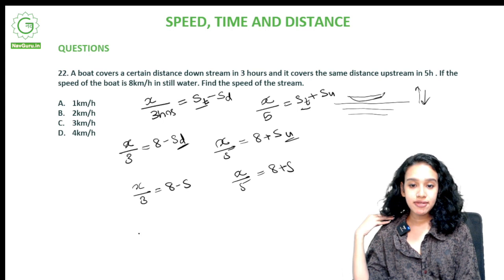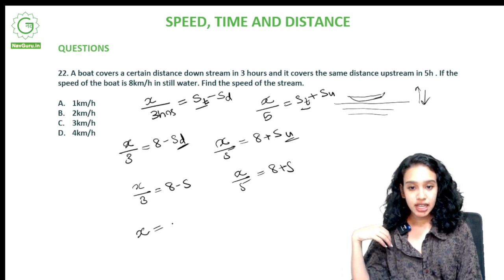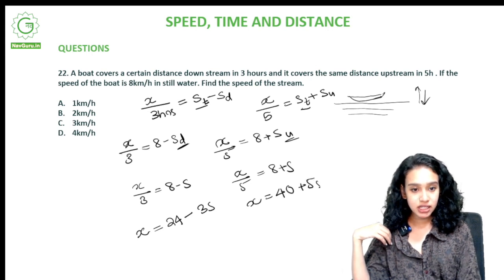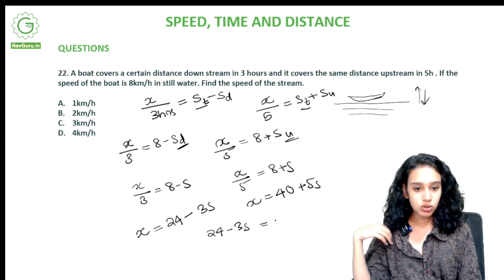So we have X is equal to 8 3s are 24 minus 3S, right? Now here X is equal to 8 5s are 40 plus 5S. So we'll equate this. We get 24 minus 3S is equal to 40 plus 5S, right?